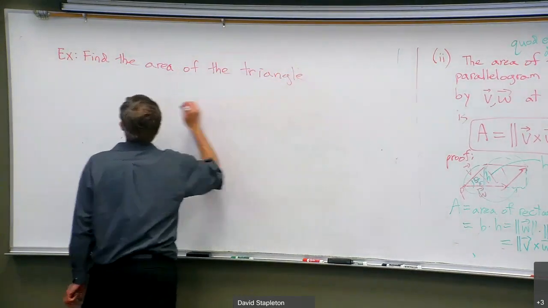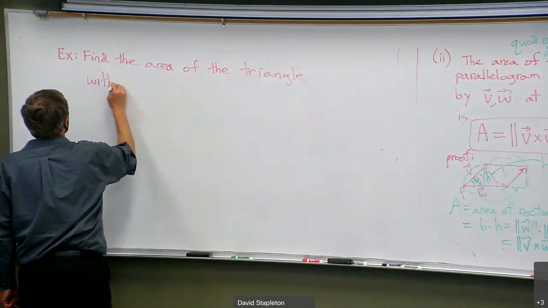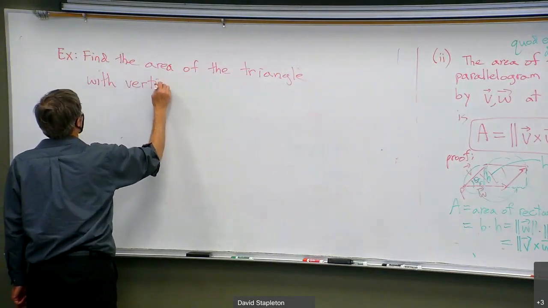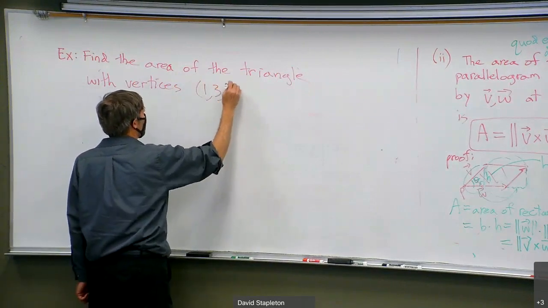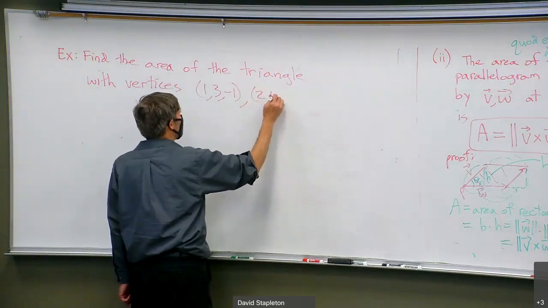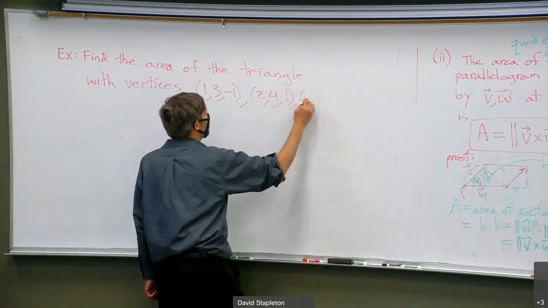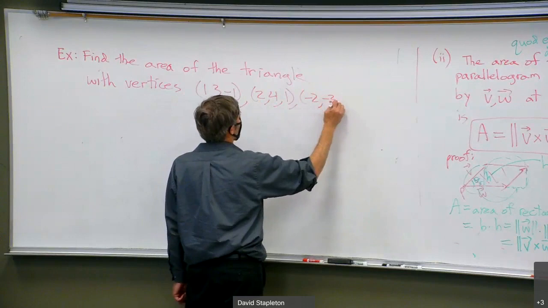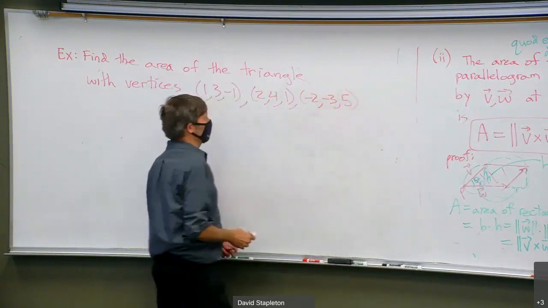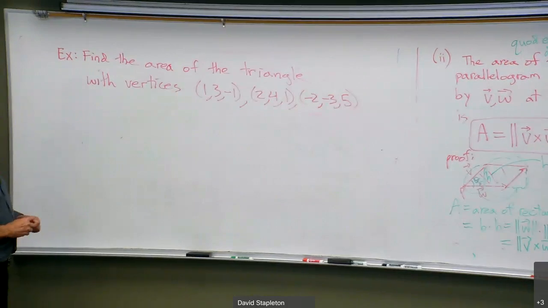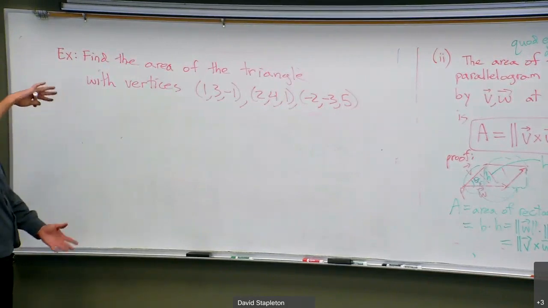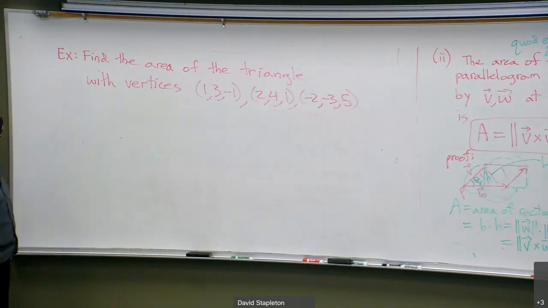Suppose the triangle has vertices 1, 3, minus 1; 2, 4, 1; and minus 2, minus 3, 5. Those are three vertices, right? What's the area of the triangle? This is kind of a hard problem. It's just lying at some cockeyed angle in three-dimensional space. How do you figure its area?